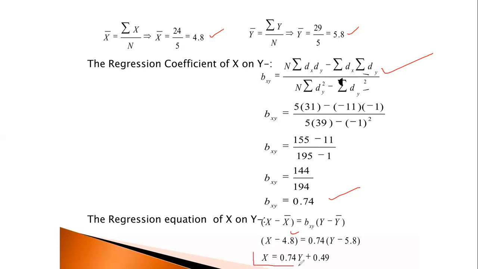Substitute this and this is how you get the regression equation of x on y: x is equal to 0.74y plus 0.49.